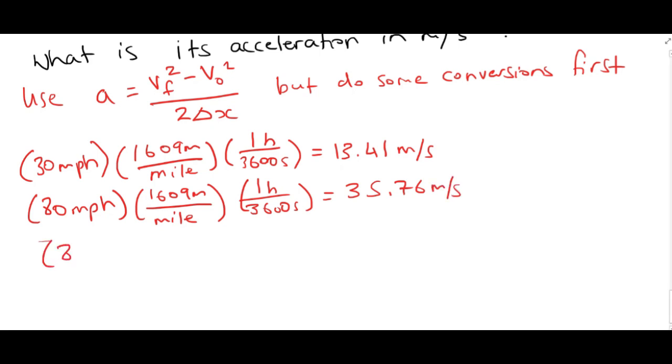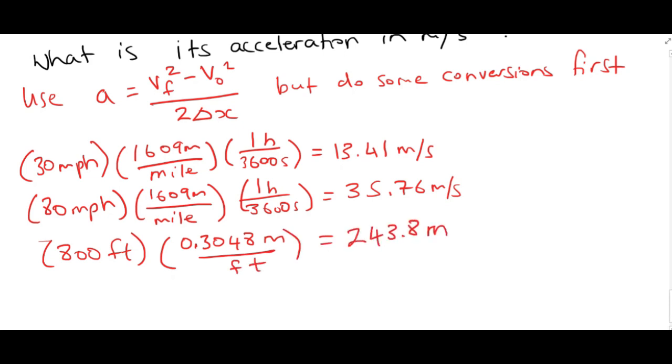Also, we have to convert 800 feet to meters, so we multiply it by 0.3048 meters in 1 foot. This gives us 243.8 meters.